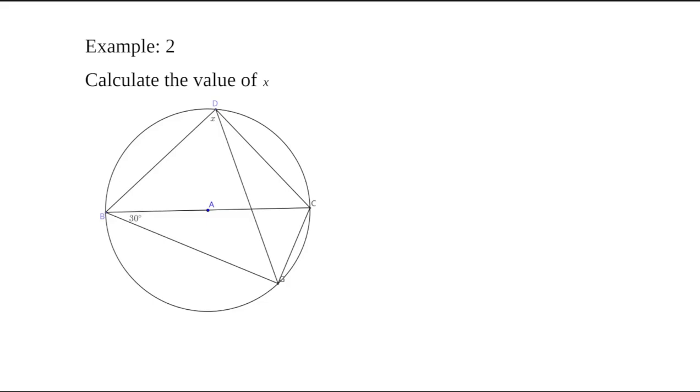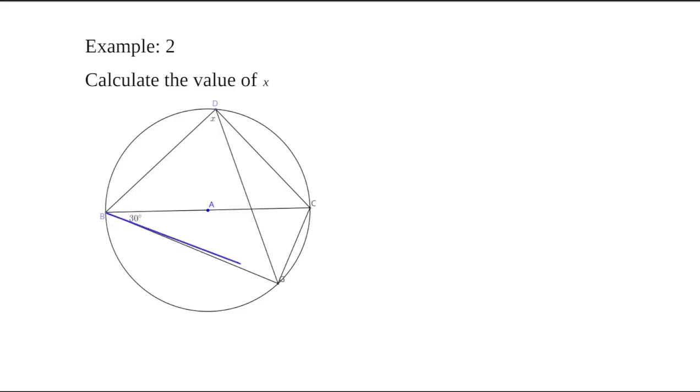Now let's go to x. Which angle is angle x on the same segment with? Which two angles are being subtended by the same chord with the angle x? Let's check that. So to check that, where is our common chord?